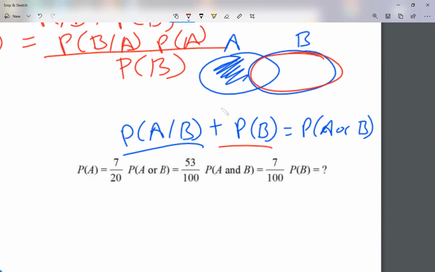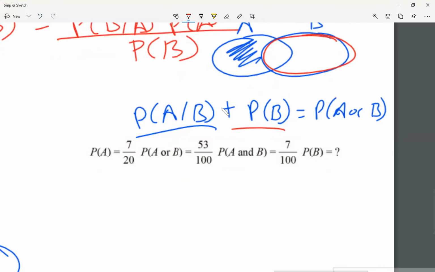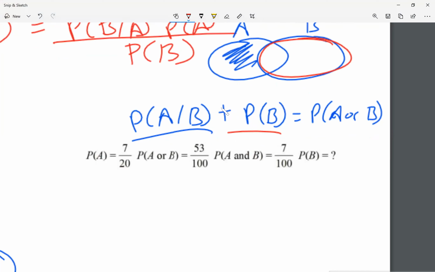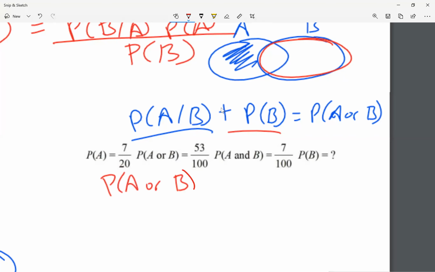Another case, it could be broken into, I'm going to go probability of A or B. Okay, so what is probability of A or B? It's basically the whole thing, right?